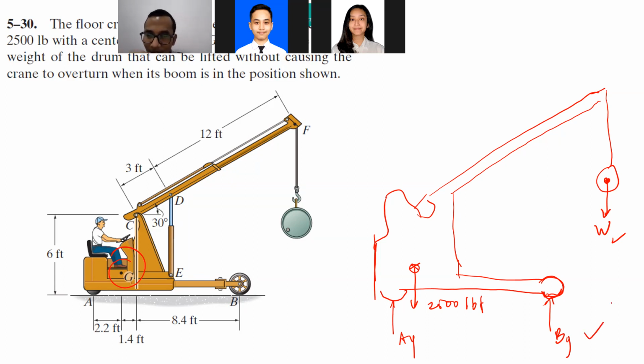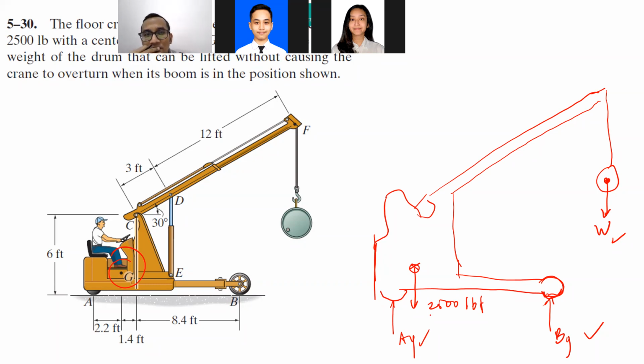BY here, do we have the value? No. AY here, do we have the value? No. Let's go for it after this, okay? But based on this, it looks like we have three unknowns. How many equations do we have, Audrey?